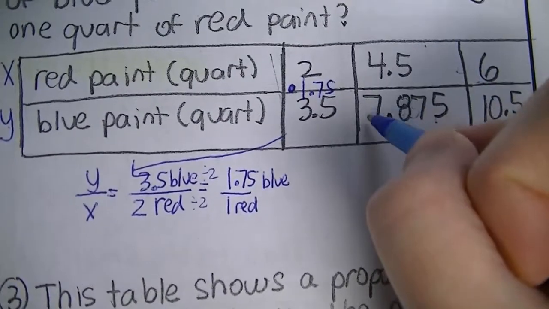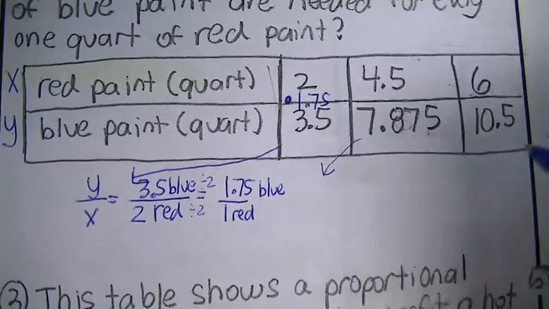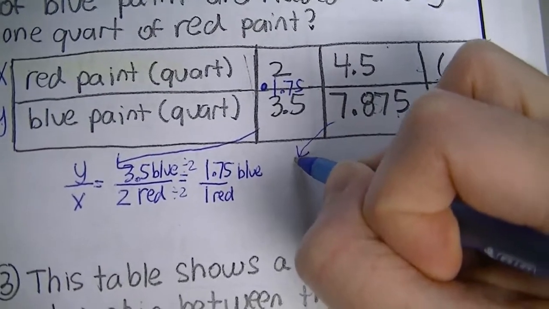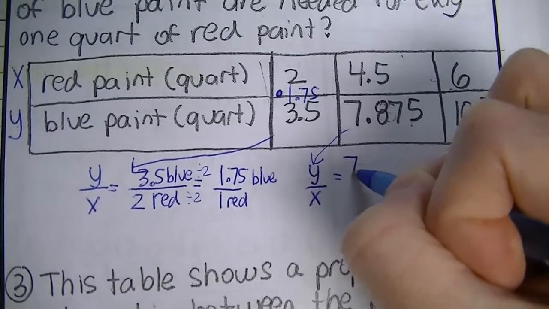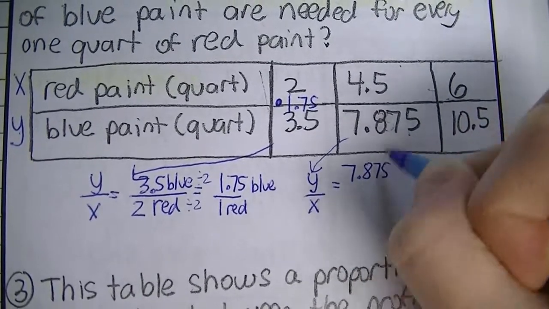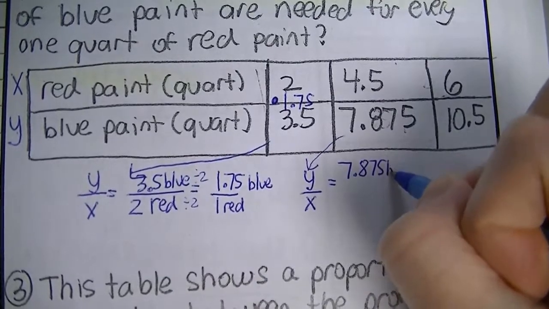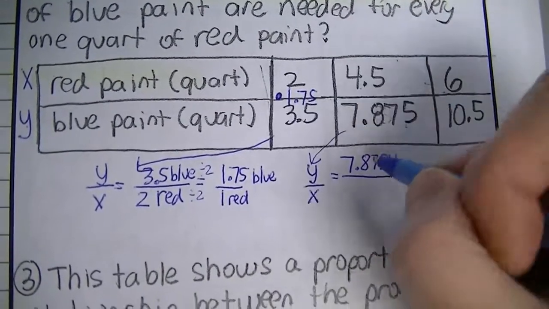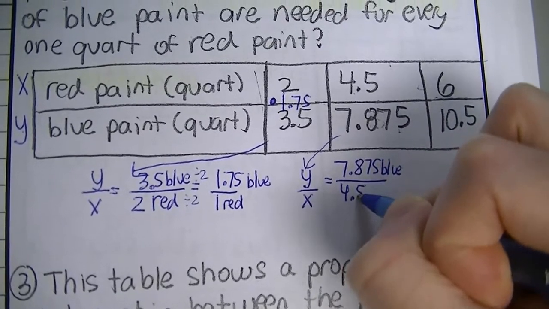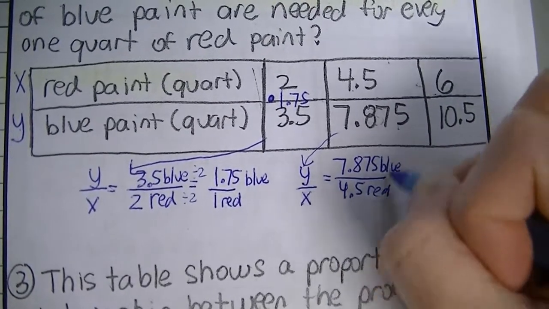Now for this next relationship, I'm going to also draw an arrow because I want to leave myself some space. And to find the unit rate, I got to go y divided by x. Well, here's the y value, and that's blue quarts. And the x value is 4.5 quarts red. That's just the ratio right there.